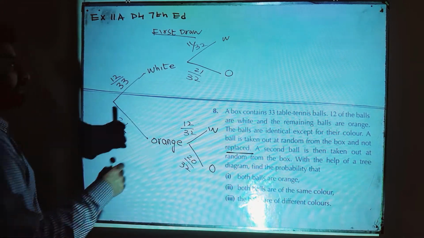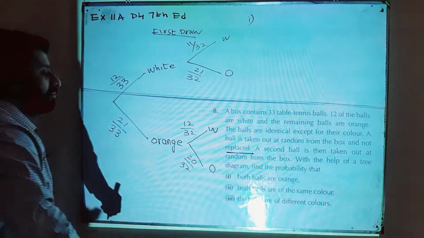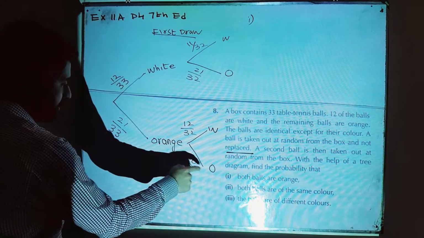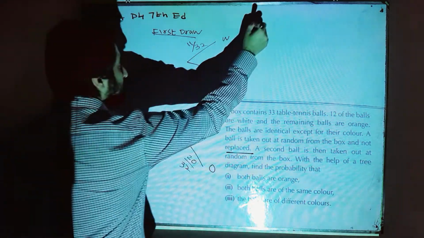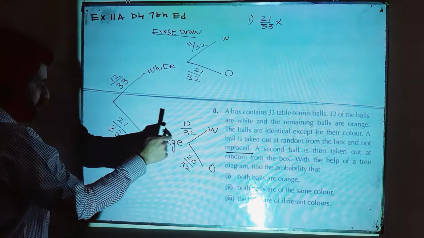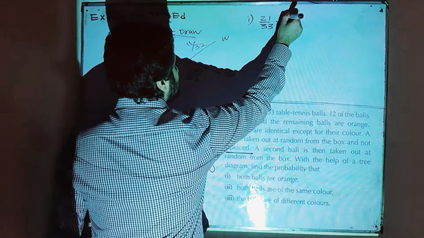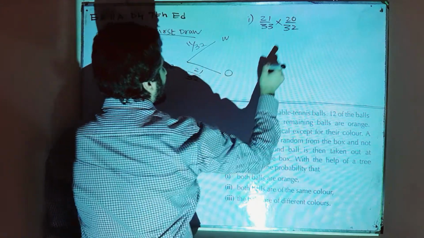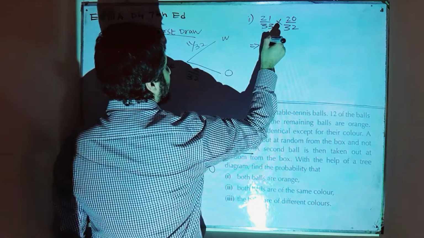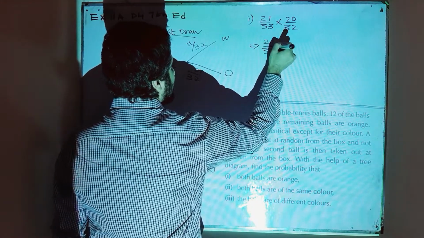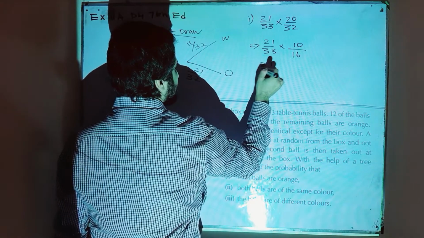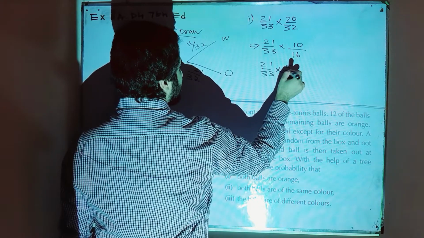Now part 1 says find the probability both balls are orange. This one, orange, orange, that is 21 by 33 multiplied by the first orange, the second orange, 20 over 32. Okay, you can simplify it. That is 21 by 33 into 20 by 32, 2 tens are 20, 2 sixteens are 32, so 21 by 33 into 5 over 8.